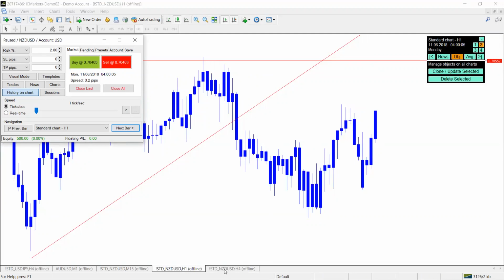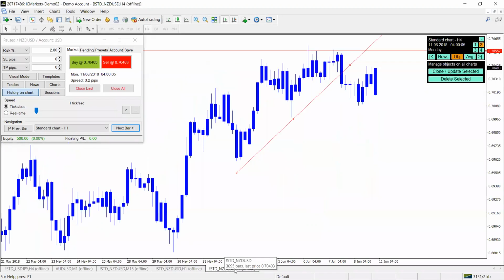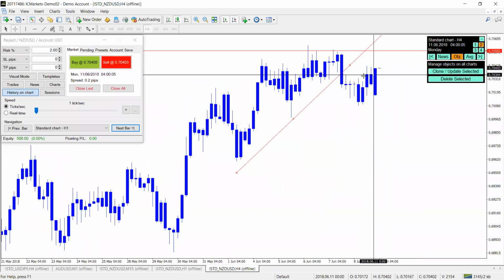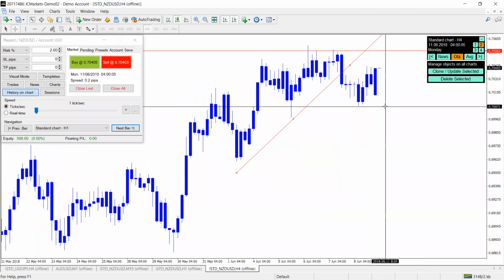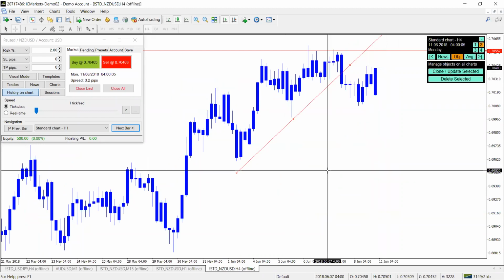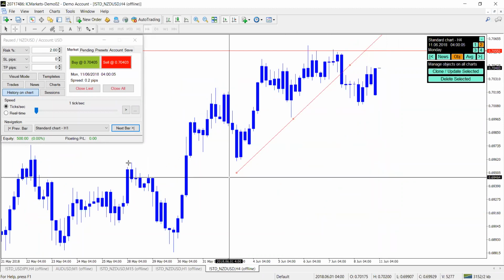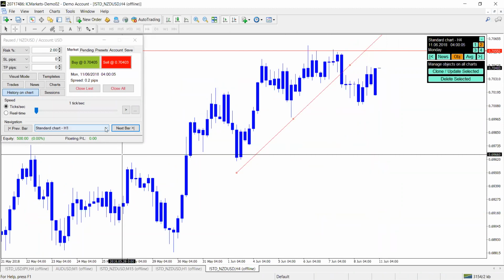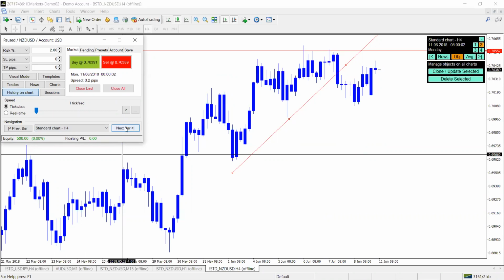I'm going to have a look at 4 hour now to see. Okay, so it closed. I can't tell, quite bullish. So it broke that structure, so it's bullish to me. So now I will switch back to 4 hour candle and just see how it reacts to that level at the top.